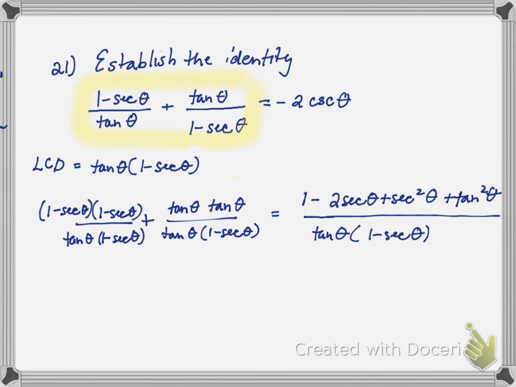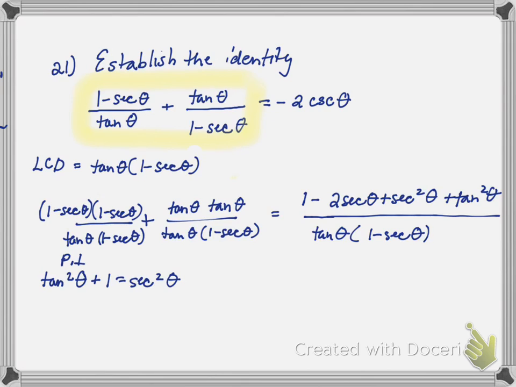When you have squared terms like secant squared or tangent squared, I'm going to rely on Pythagorean identities. The Pythagorean identity that I'm interested in is the one that links tangent squared and secant squared. If you remember, we said tangent squared theta plus 1 equals secant squared theta.